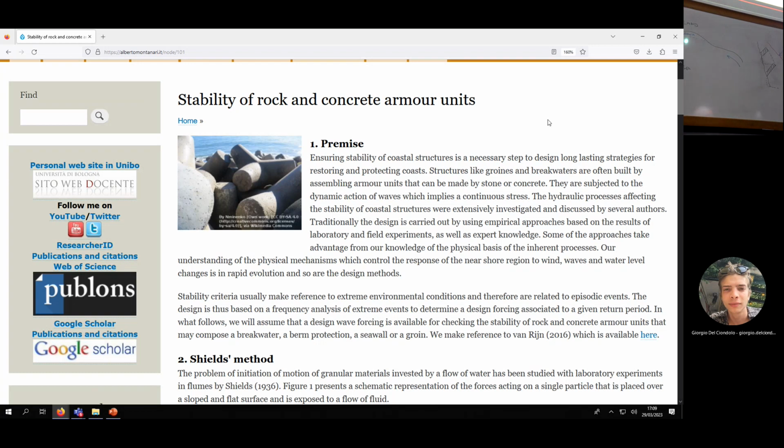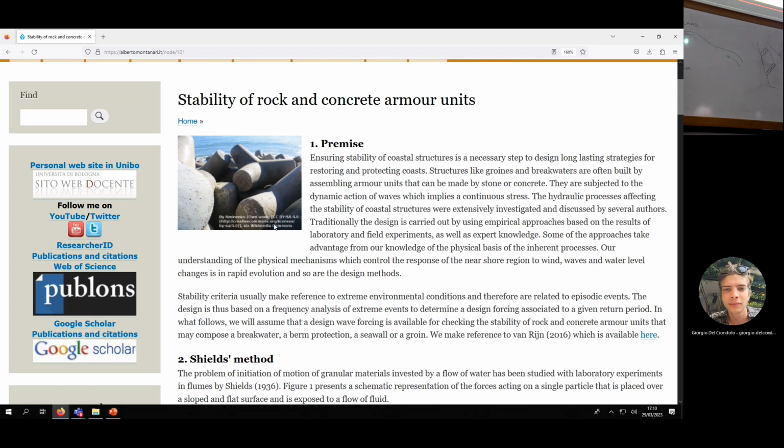But it is an issue that is, I think, interesting, and that comes forward when designing several coastal structures, not only breakwaters and groins, but also beach protections like revetments and protections made with boulders and with artificial material like the tripods that you see in this picture here.